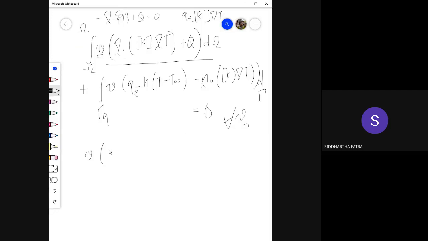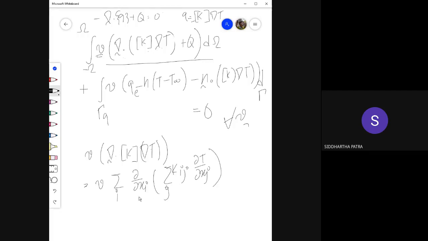Now v times divergence of k times gradient of T is basically this quantity. It is v times summation over i del xi of the following quantity, which is k ij summation over j of the gradient of T, which is del T del xj.